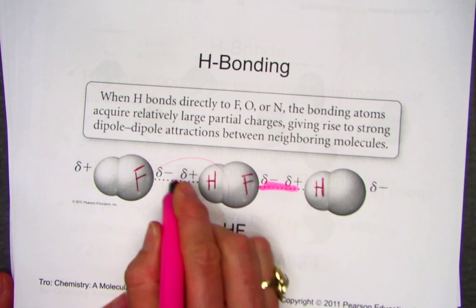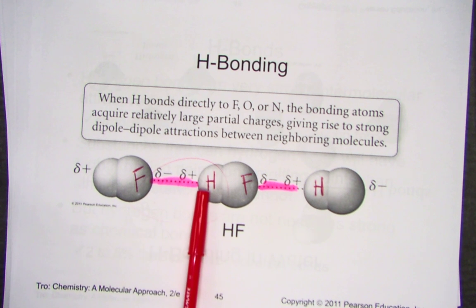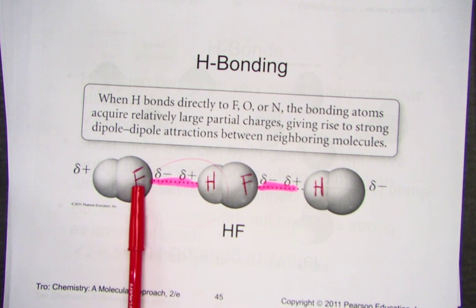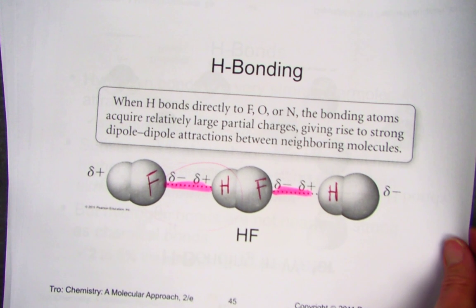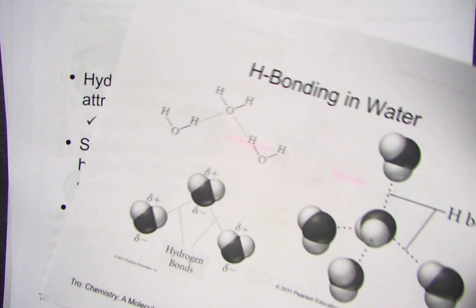This here is the strongest intermolecular attraction known as hydrogen bonding. Hydrogen from one being attracted to either a fluorine or a nitrogen or an oxygen. That's it for hydrogen bonding. Those strong electronegative elements, F, O, or N.